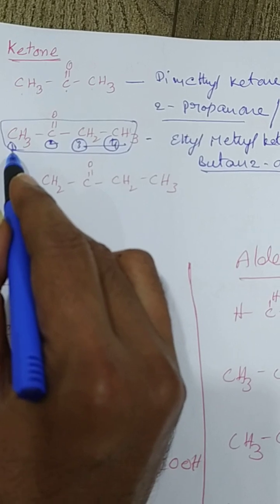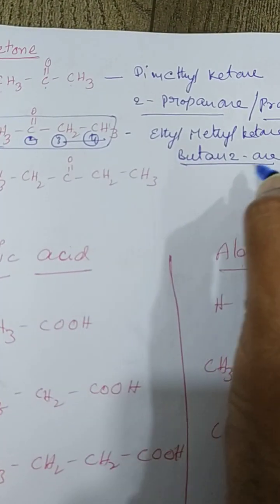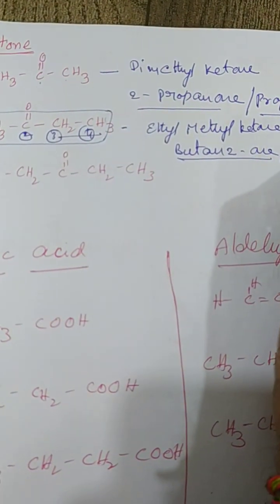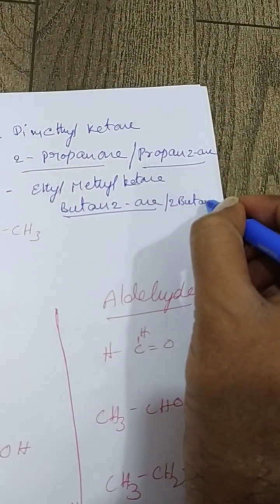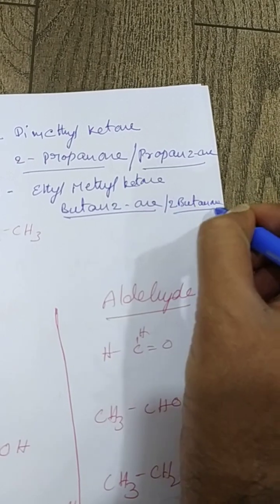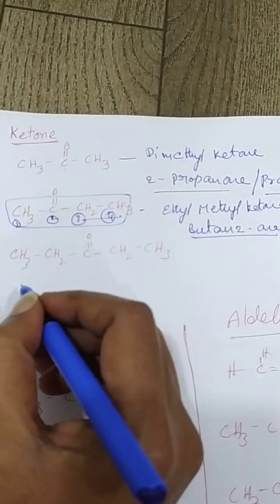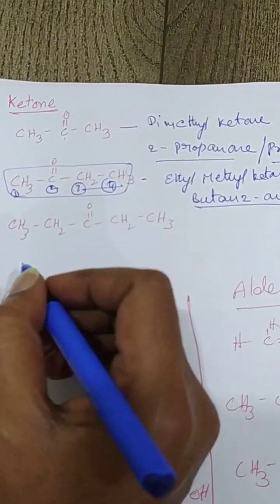So it is better to use numbering 1, 2, 2-butanone.